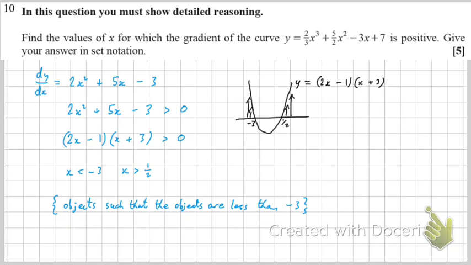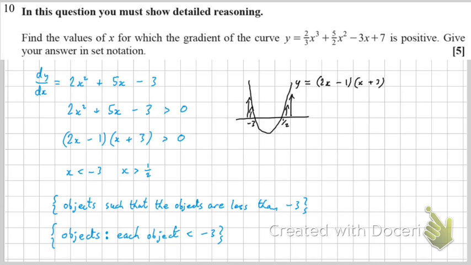Set of what, and then what are those things? Describe those things. Instead of writing such that, you could use a colon and say it's the set of objects where each of those objects is less than minus 3. But instead of using the word objects, let's just use the letter x.